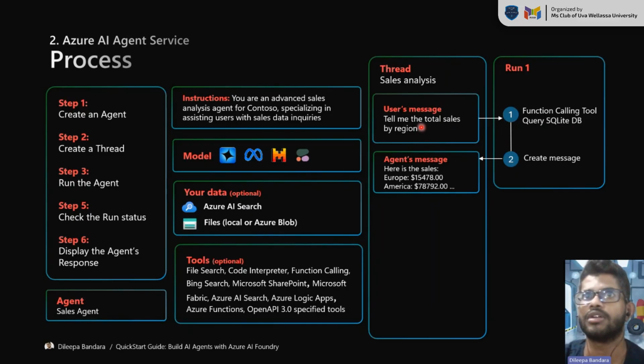That's how our assistant, or let's say our agent, can collect the sales data, right? We have a database table using SQLite. So by triggering this function call, we can gather all this data, right? Then we create a message inside this run, then send it back to the thread as the assistant message, right? It includes, here is all the sales data that you need to know, right?